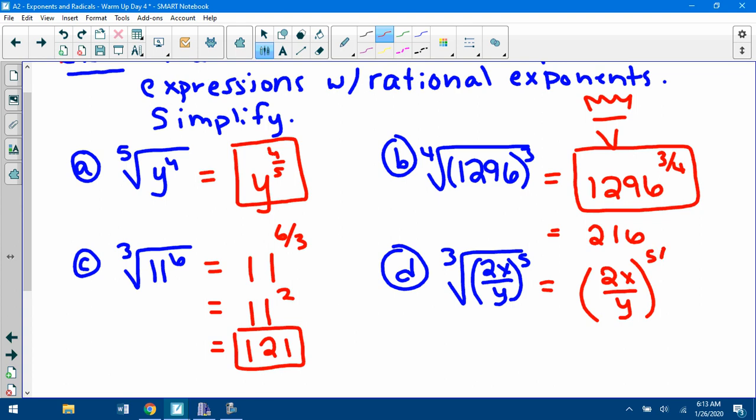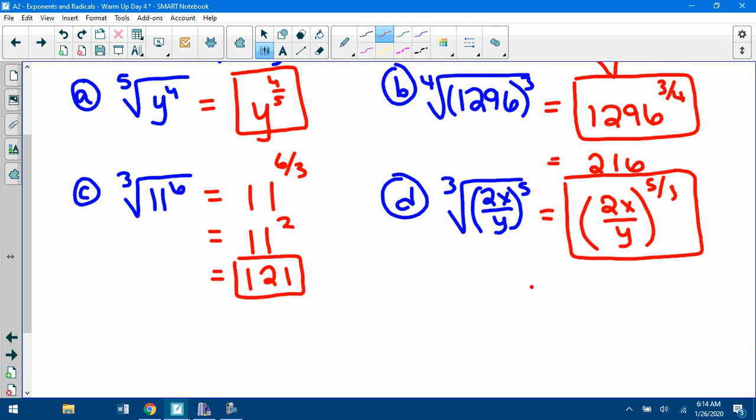Hopefully you're thinking 5/3, root on the bottom. That could be fine. You can say that's your answer. It's short. Just realize this is the same as 2 to the 5/3, x to the 5/3 over y to the 5/3, because all of these have exponents of 1 on them right now. So when I distribute, they all just stay 5/3. Either of those were fine. Just realize that either could be a multiple choice answer.